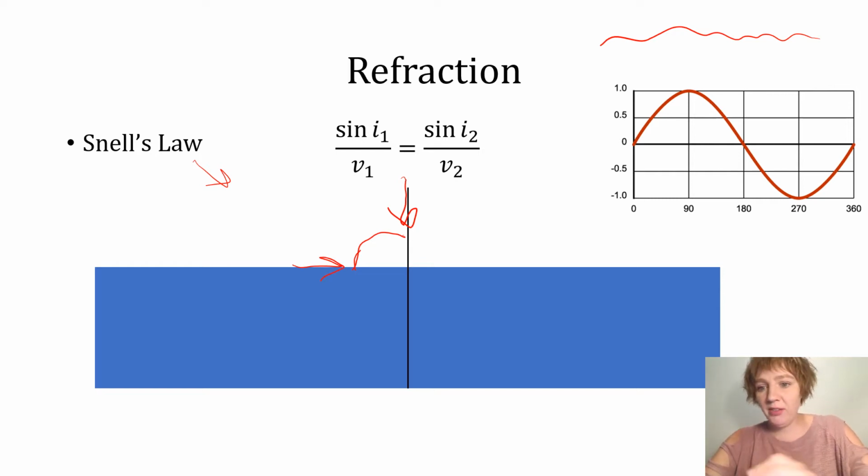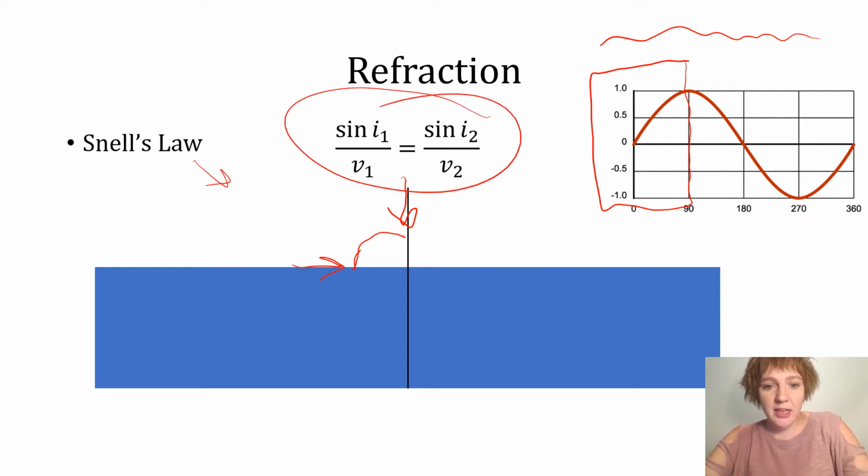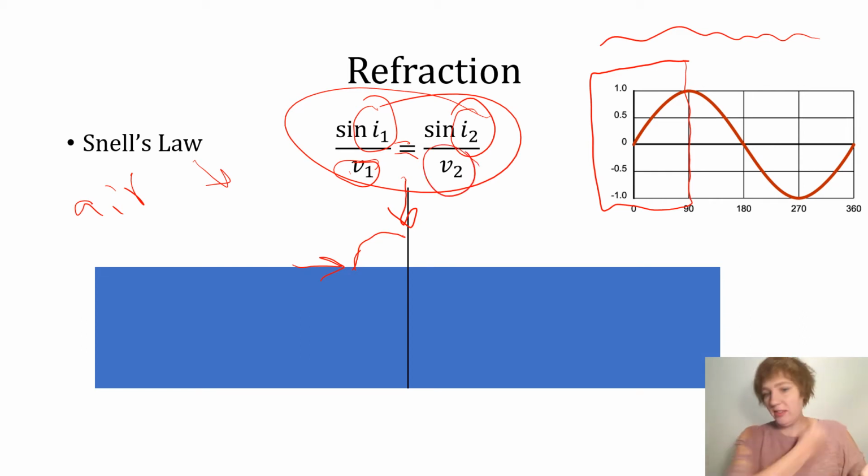So the only part of the sine wave that we really need to worry about is this part here, describing what that wave does from 0 to 90. Now, what this equation tells us is that the angle that the incoming ray makes with the normal divided by the velocity of the wave through the first medium, so let's just say maybe it's air, is going to be equal to the angle made with the normal on the other side divided by the velocity of the second medium.